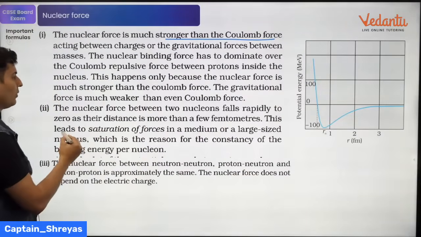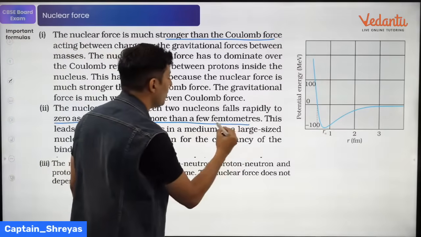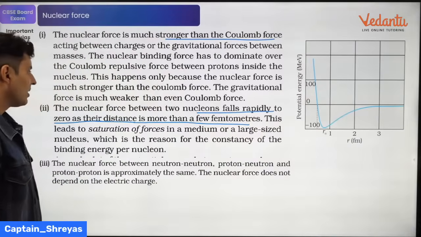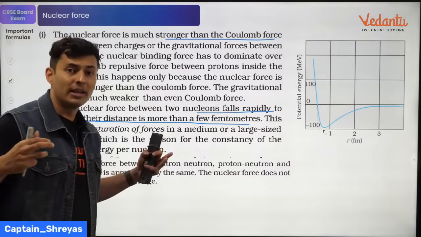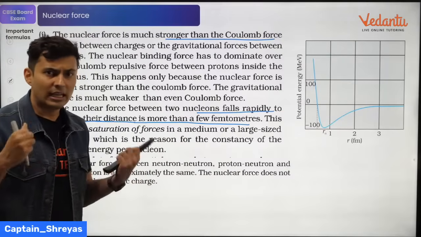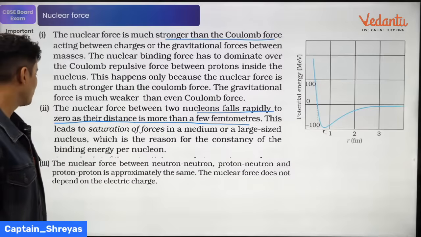You can see that nuclear force falls rapidly to zero if the distance is more than a few femtometers. Femto is 10 to the power minus 15. Whereas electric force dominates from Angstroms. So if the distance is a few Angstroms, electric force is strong. Here in Angstroms, there is no nuclear force.